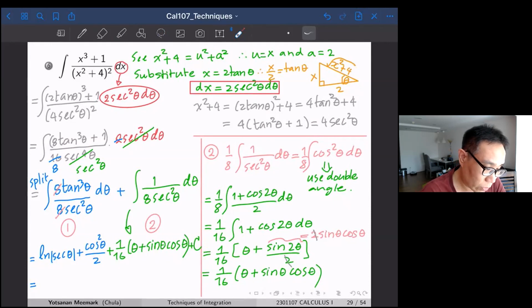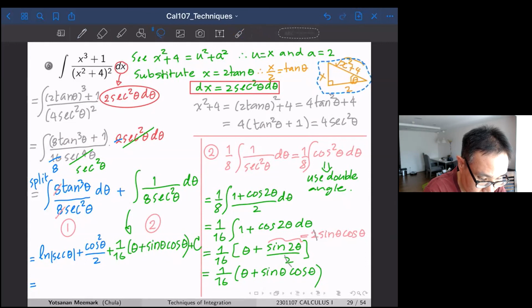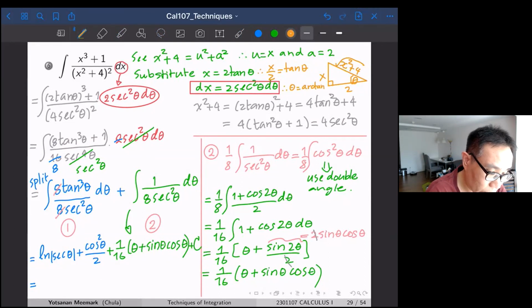And also from x over 2 equal to tan theta, you are able to solve for theta. So you get theta equal to arctan of x over 2.